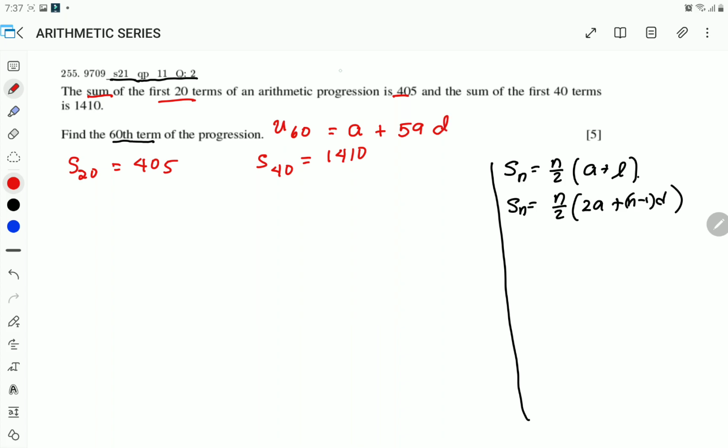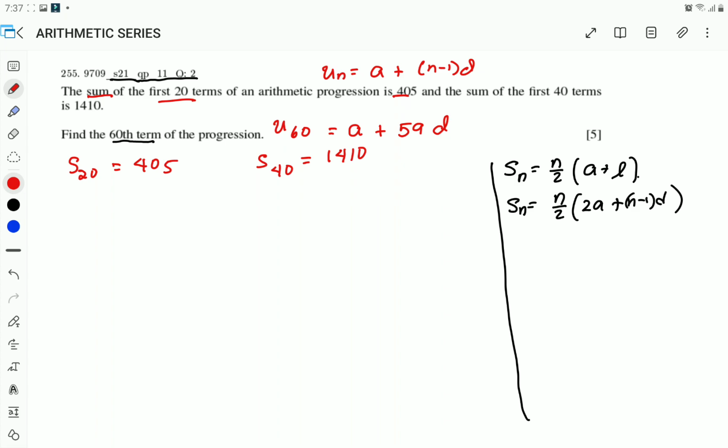Because remember, u sub n is equal to a plus n minus 1 times d. So with this one, you need to find the value of a and d.